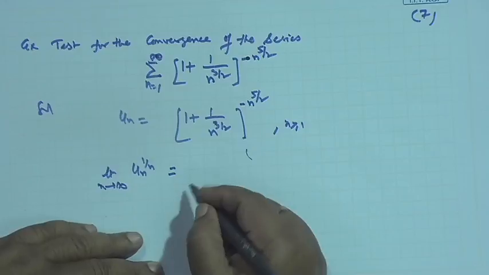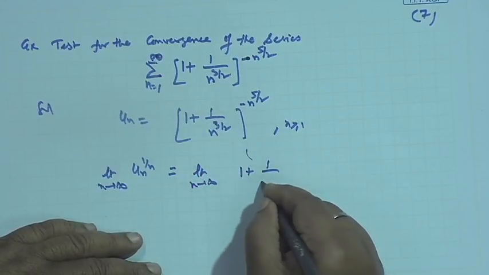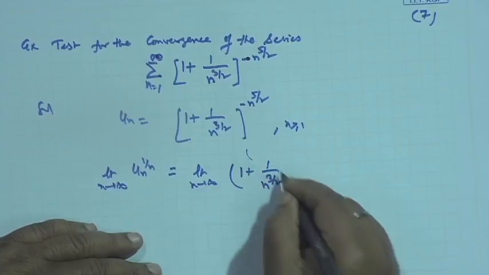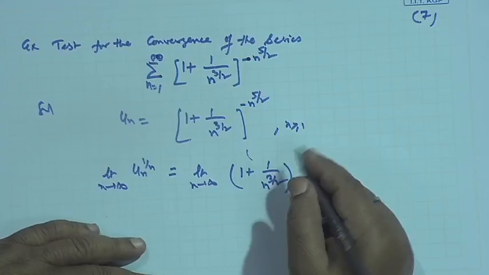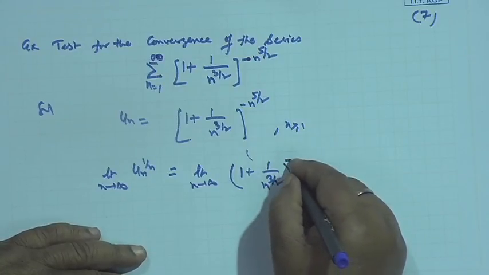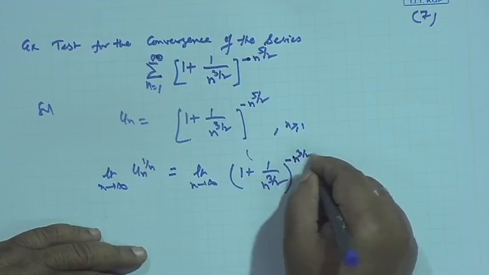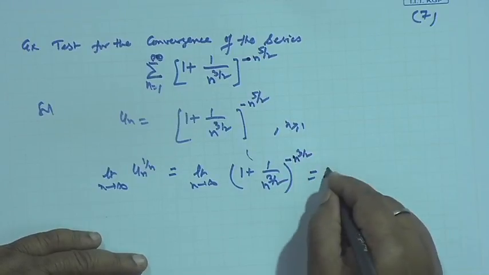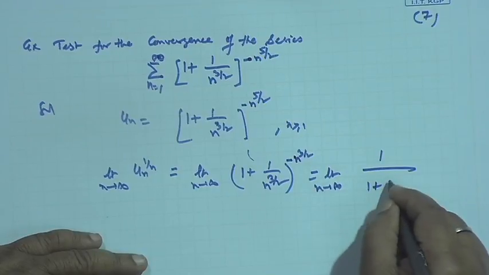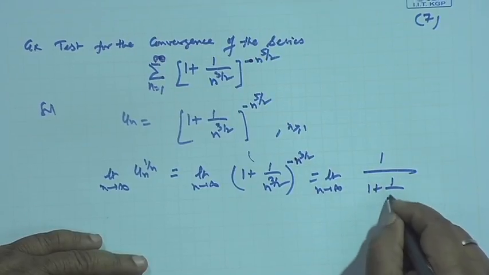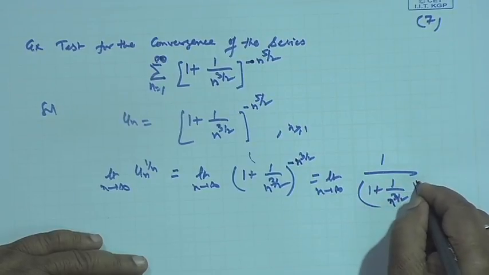This is the same as limit n tends to infinity of (1 plus 1 by n to the power 3 by 2) raised to the power minus n to the power 3 by 2, and that will be the same as limit as n tends to infinity of 1 over (1 plus 1 by n to the power 3 by 2) raised to the power n to the power 3 by 2.